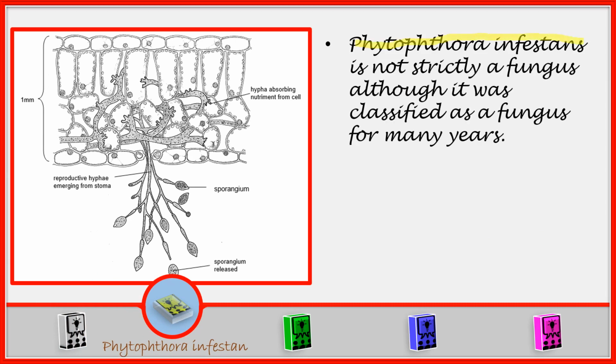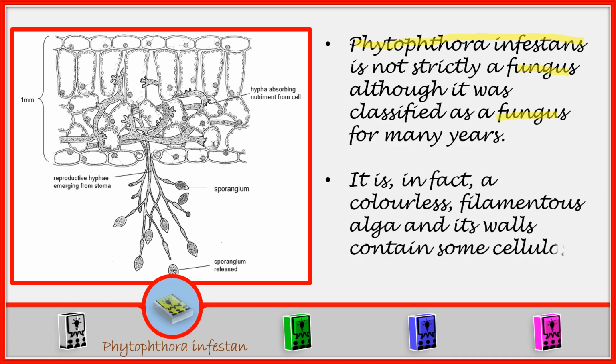Phytophthora infestans is not strictly a fungus, although it was classified as a fungus for many years. It is in fact a colorless filamentous algae, and its wall contains some cellulose, unlike the true fungi.